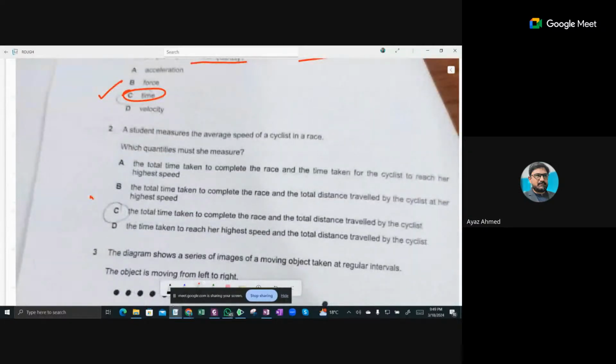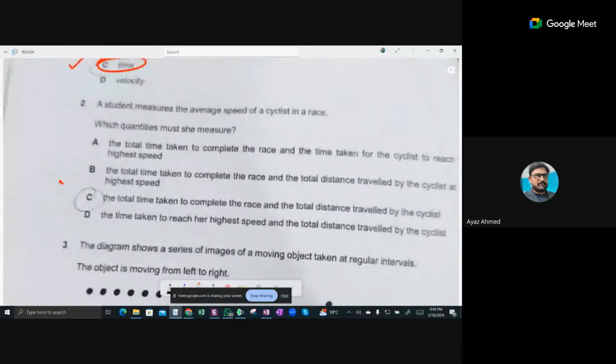Then a student measures the average speed of the cyclist in a race, and which quantities must she measure? Definitely average speed is total distance divided by total time taken, and that's why this is option C. Yes, of course, the total time taken to complete the race and the total distance traveled by the cyclist. So that is correct.